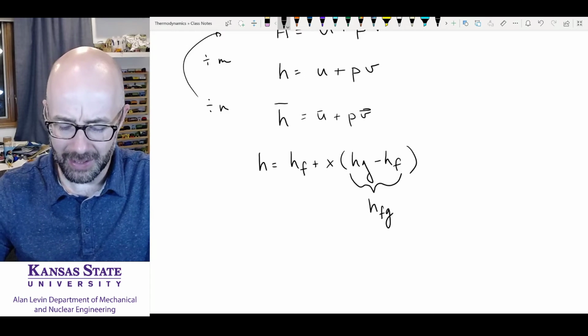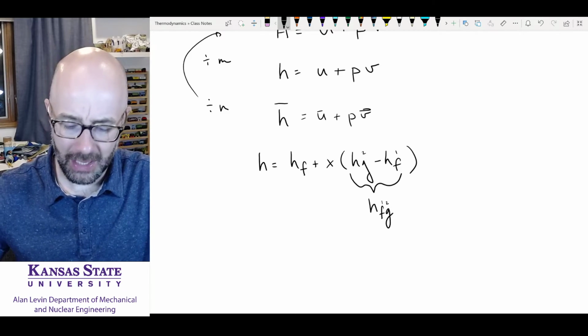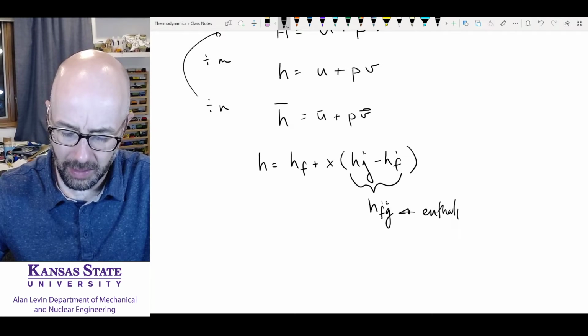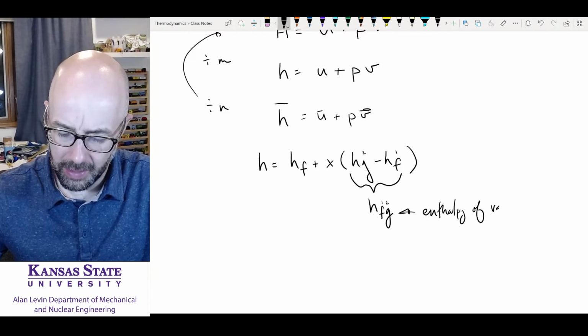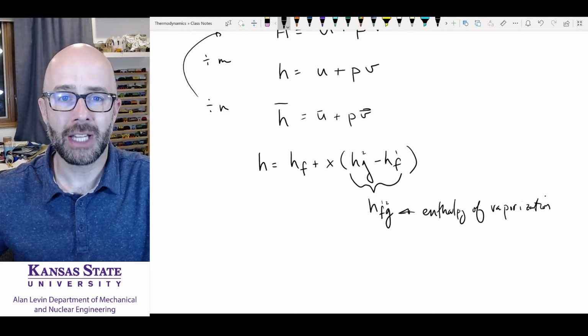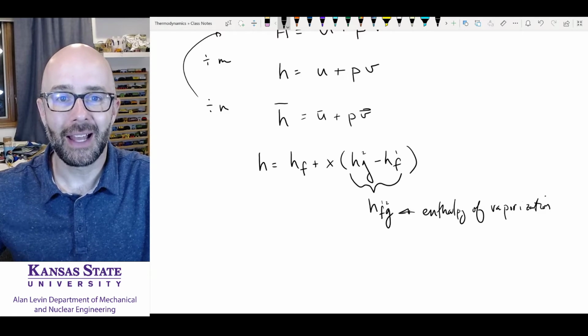Same thing here. hfg is called the enthalpy of vaporization. It is how much enthalpy you need to go from a liquid to a vapor.